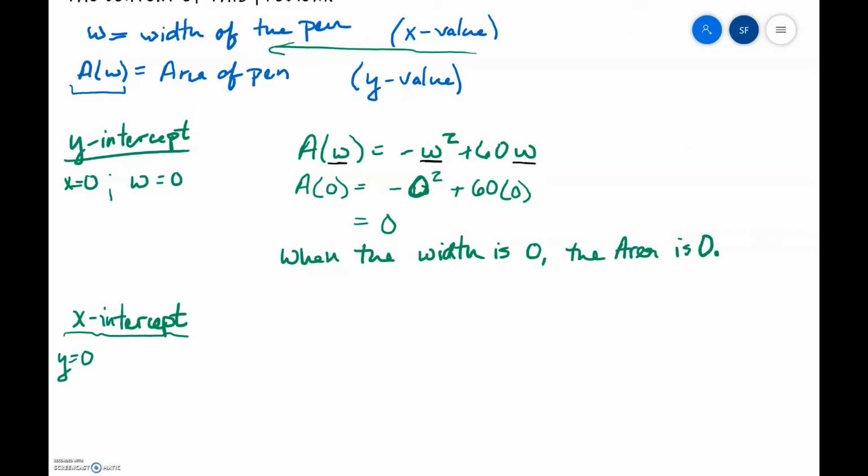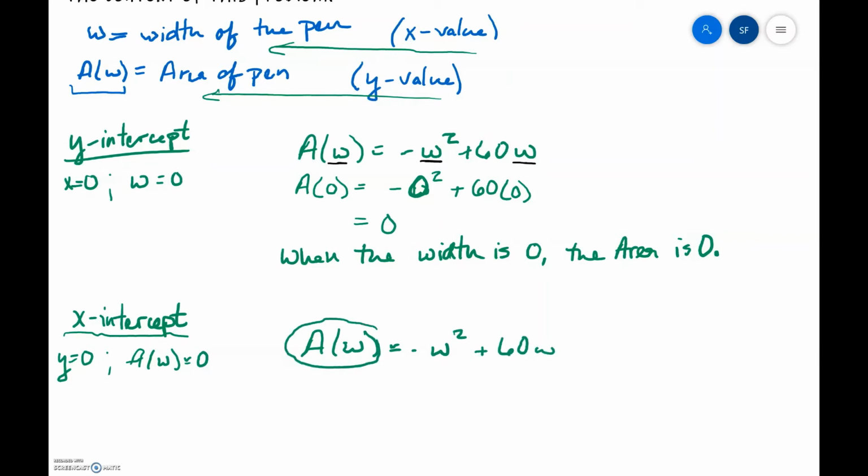And so we have to go back and say, well, our y value we said was A of W, and so we really want to set this A of W equal to 0. So again, here is my equation. And I want to take this entire A of W and replace it with 0. So now I've got 0 equals negative W squared plus 60W.